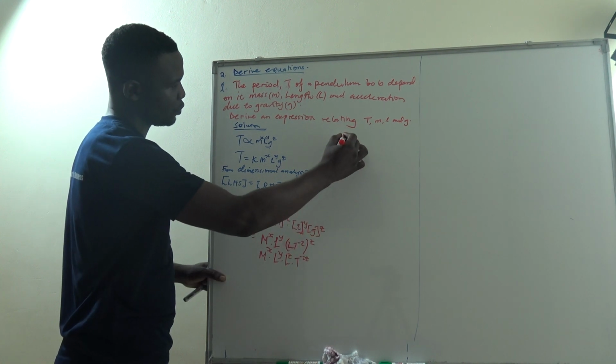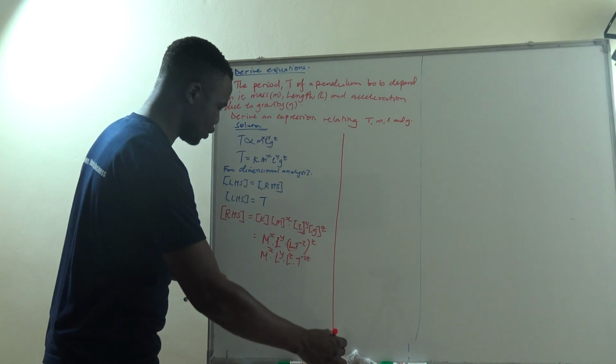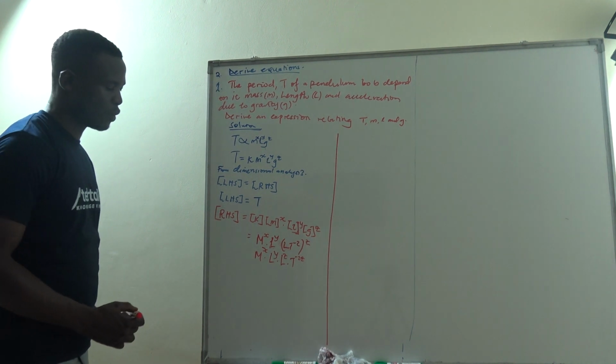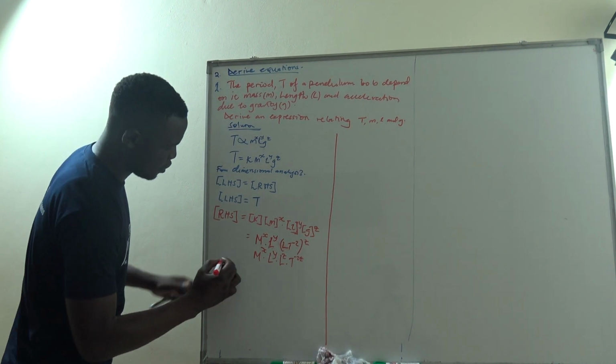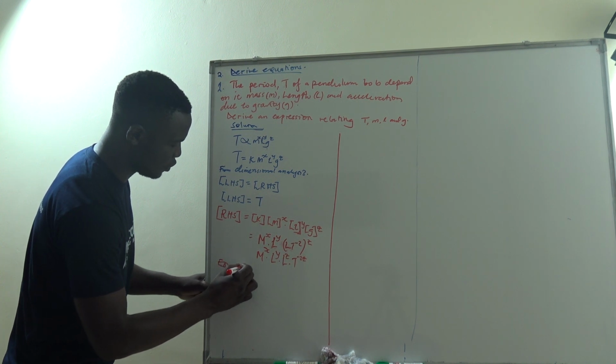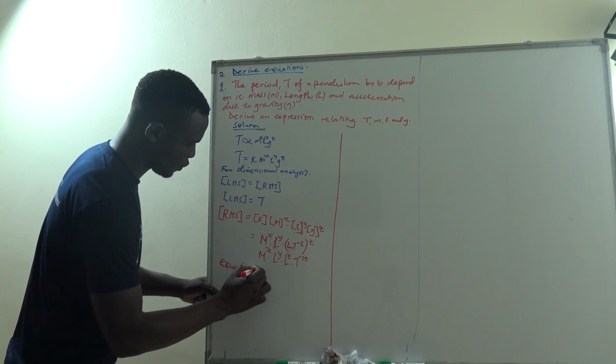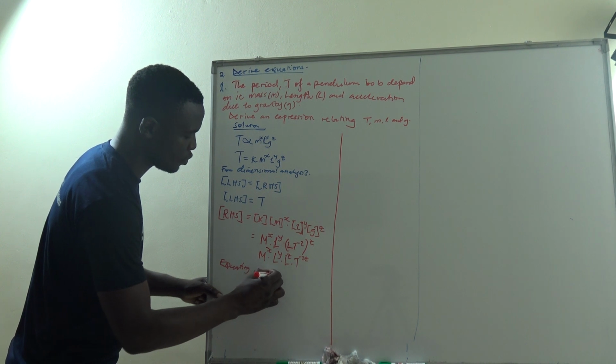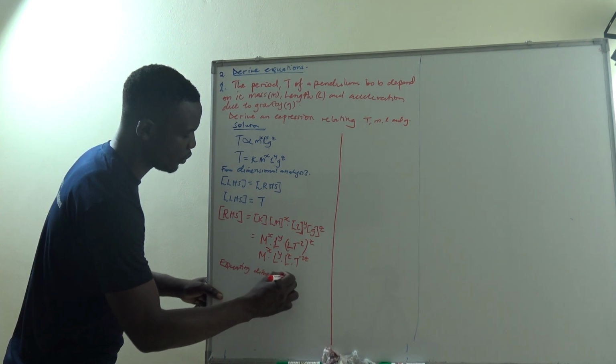Now we are going to equate for each quantity we have here. Equating dimensions on both sides.